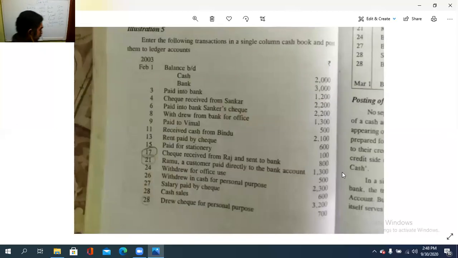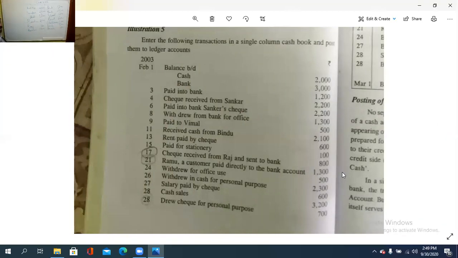Firstly, അത് വരുന്നതായിട്ട് കാണിക്കാം. So cash account debtor to Ramu, എത്രയാണ്? 1,300. And the bank also 1,300 because the check received and then it is deposited.